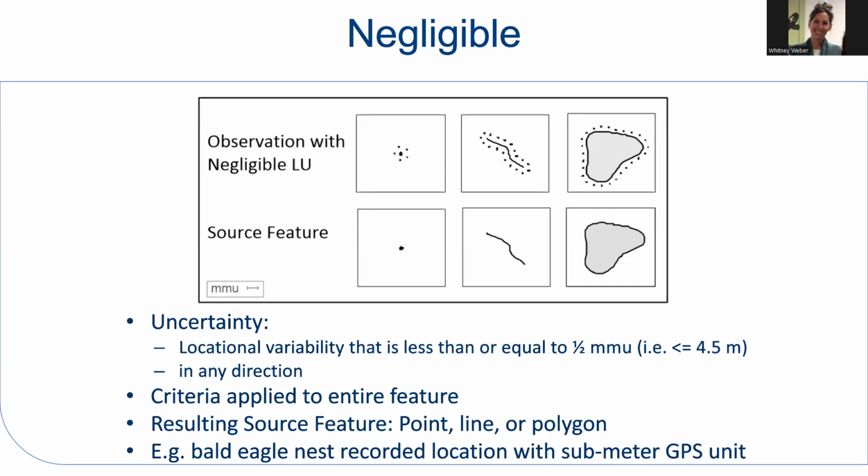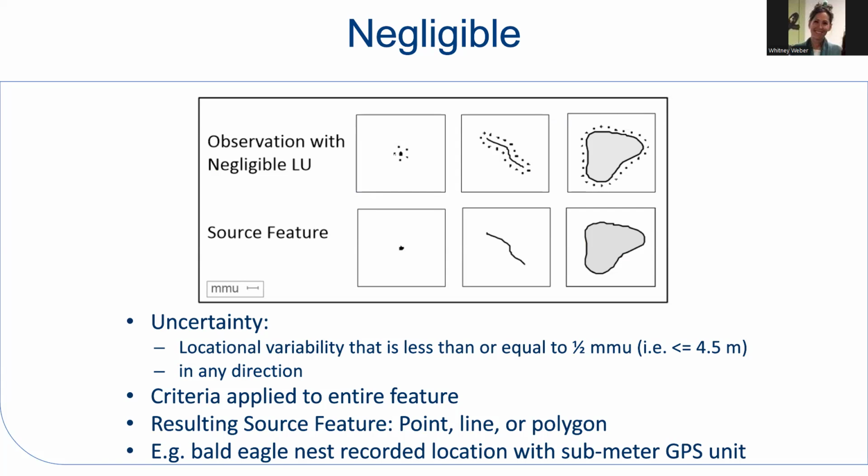So negligible uncertainty is when the locational variability is less than or equal to half the minimum mapping unit, or less than or equal to 4.5 meters in any direction. The uncertainty is applied to the entire feature, and depending on the size of what you originally observed, that could result in a point, line, or polygon source feature.